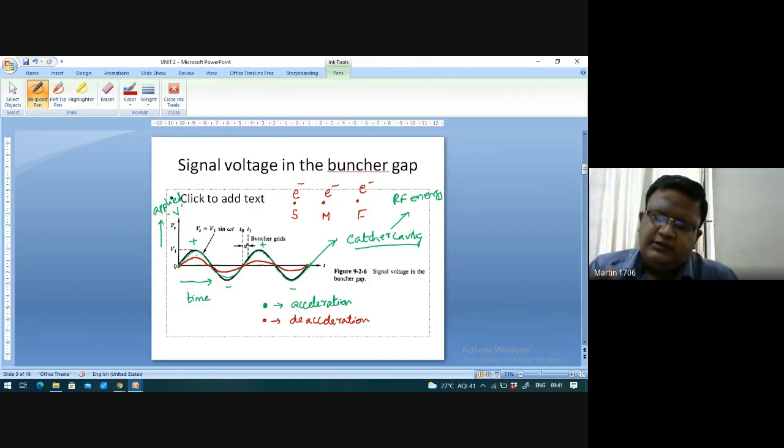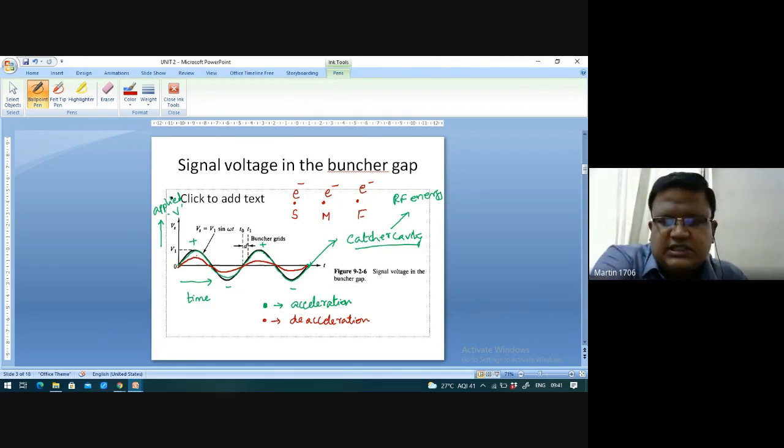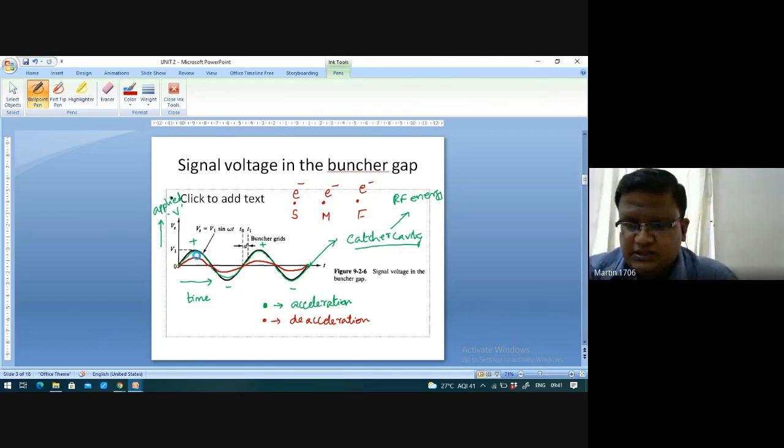So speed up, speed down, speed up, speed down. Like this, the oscillation process takes place in this unit.